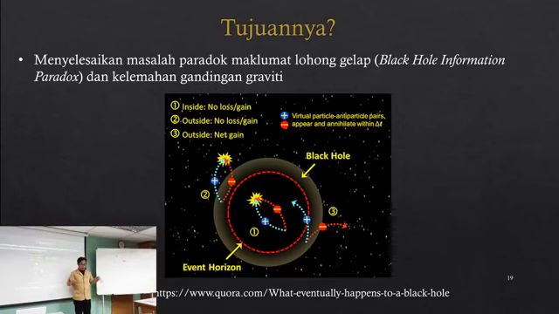So this one is to explain macam mana kalau cahaya itu masuk dalam, terperangkap dalam event horizon, dan adakah bila dia evaporates, the information is induced or comes into the singularity. Okay, it's a very very big problem.